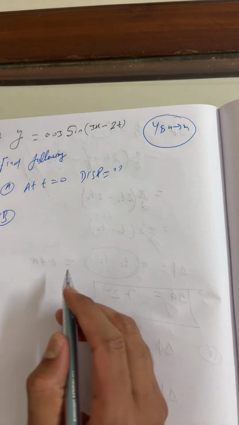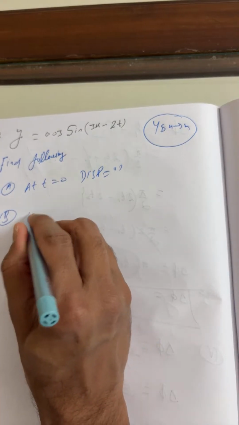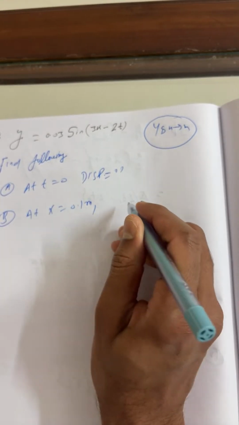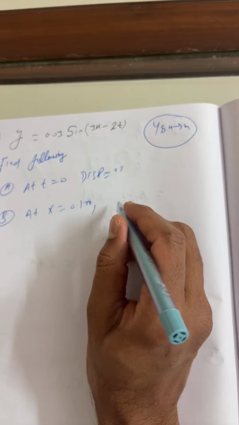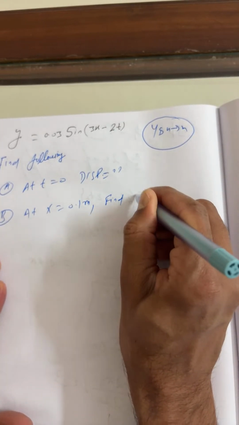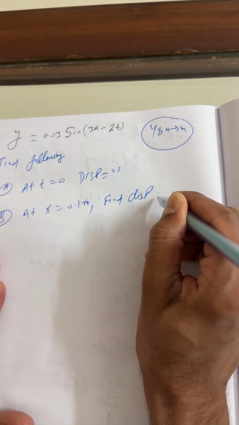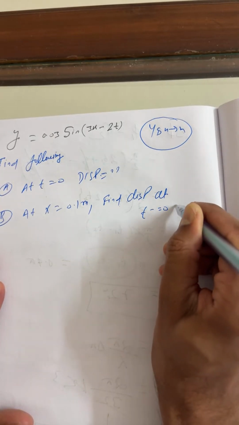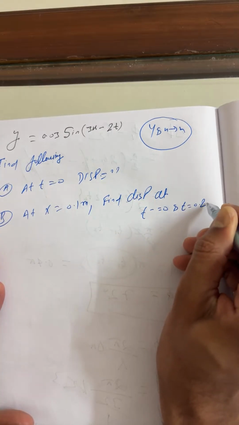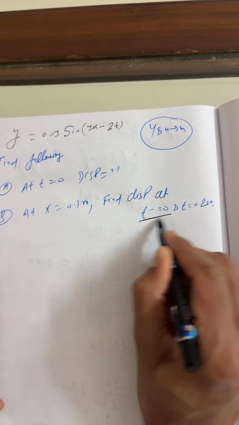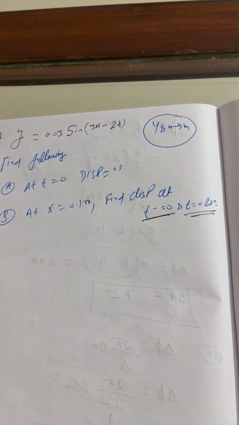Point number 2: at x equals 0.1 meter, you need to find the displacement at t equals 0 and at t equals 0.2 seconds.